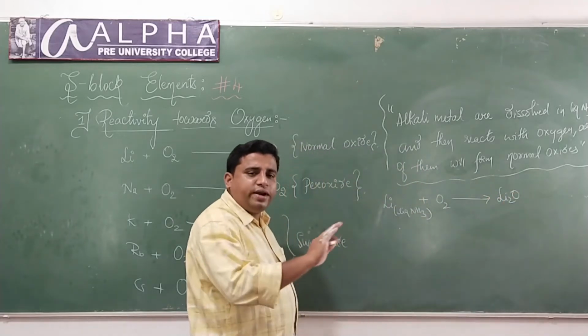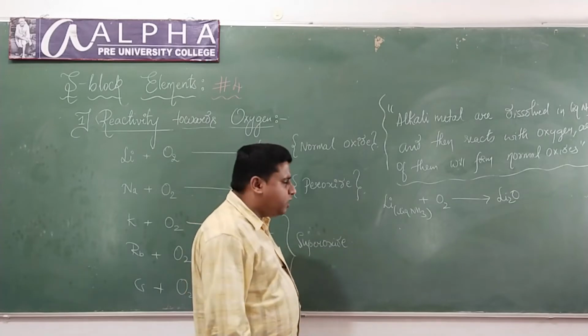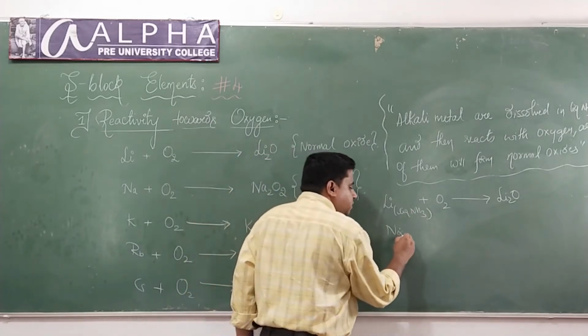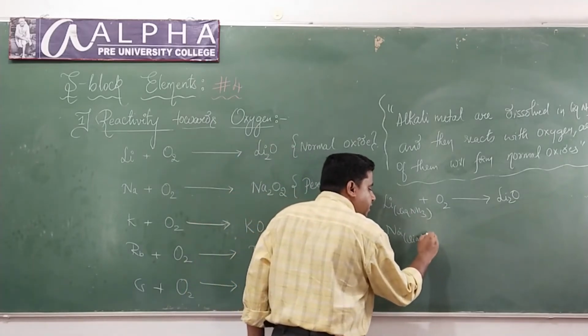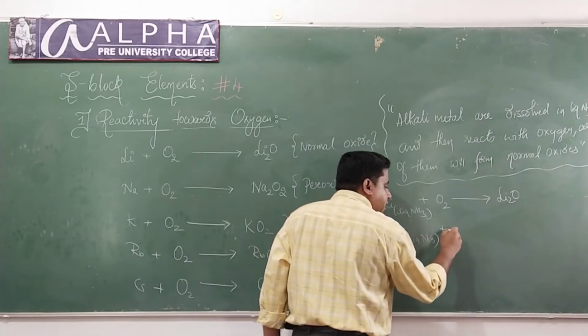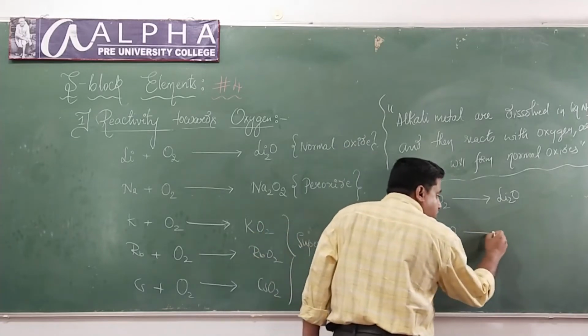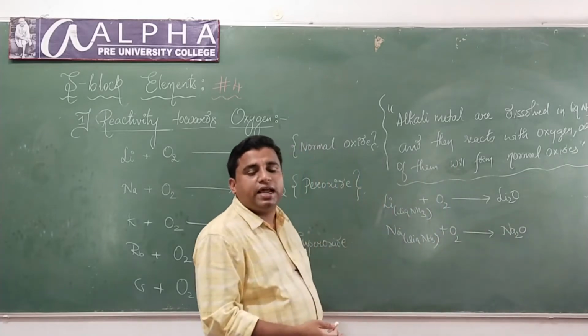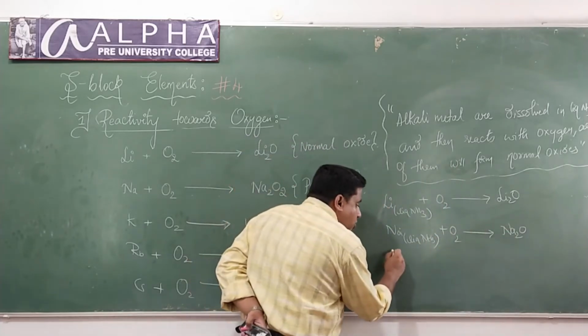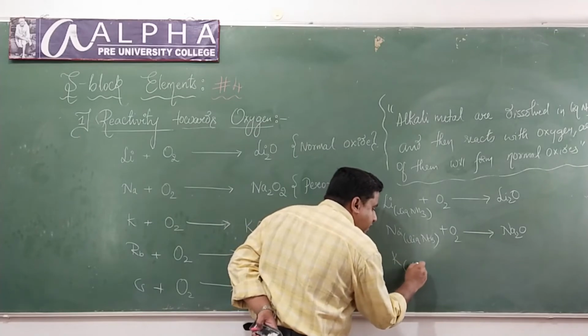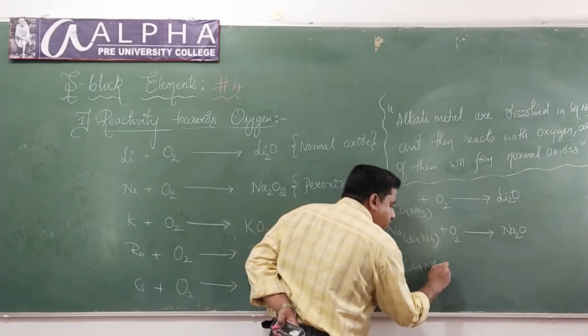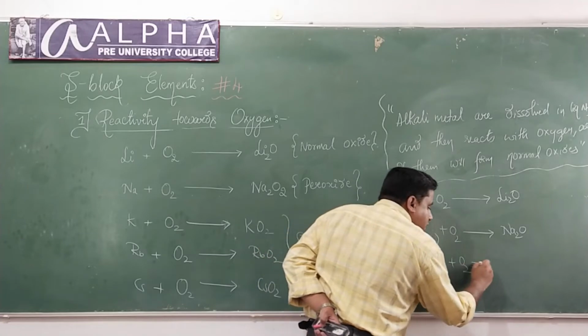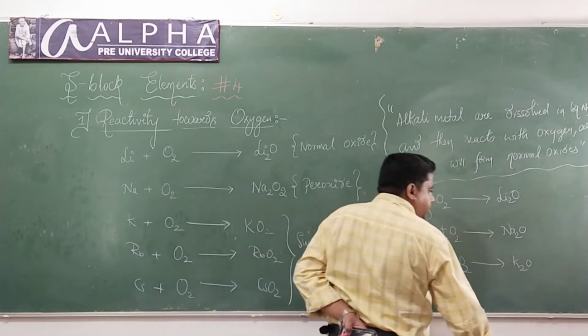Correct? Don't worry about balancing the reaction. When sodium dissolved in liquid ammonia reacts with oxygen, it will also form normal oxide. There is no distinguishing character here. When potassium dissolved in liquid ammonia reacts with oxygen, this will also form normal oxide.